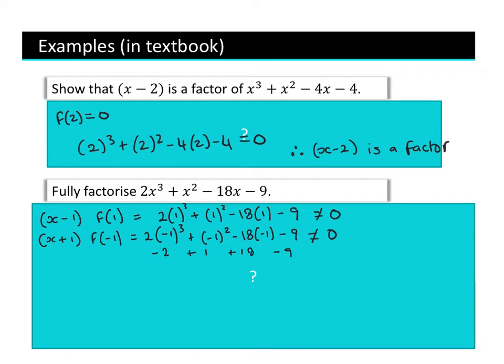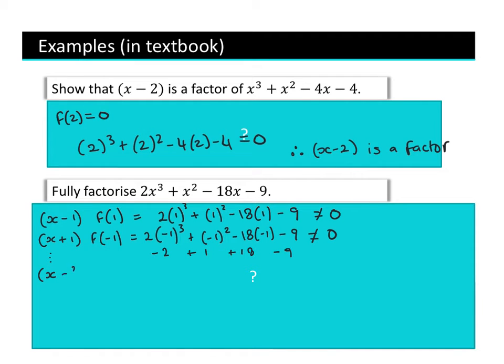So now I could try x plus 2, and see what happens. I can keep going, okay? And once I try a few, I'm going to find they don't equal 0.